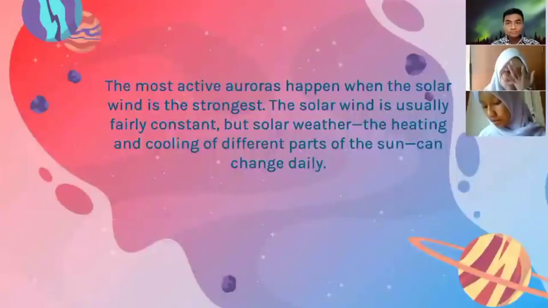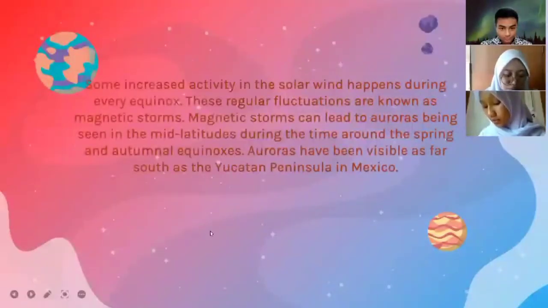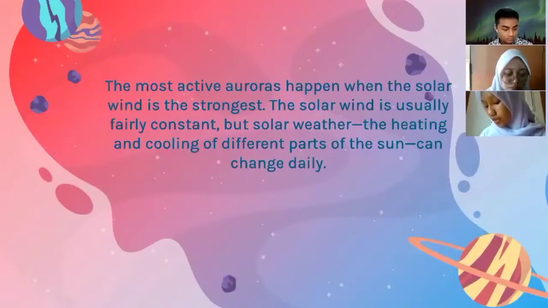The solar wind is usually fairly constant, but solar weather, the heating and cooling of different parts of the sun, can change daily. Solar weather is often measured in sunspots. Sunspots are the coolest parts of the sun and appear as dark blobs on its white hot surface. Solar flares and coronal mass ejections are associated with sunspots.